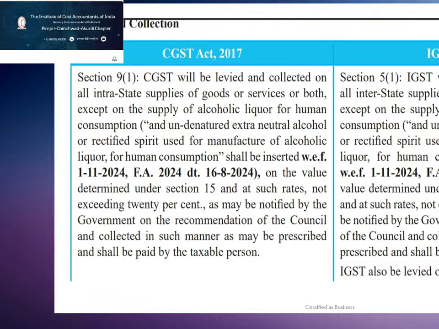Composition scheme means, under registration, we have regular registration and composition registration also. What is composition registration? It is for the benefit of small businesses, for those who are starting new businesses, so that it helps with tax saving and easy compliances.